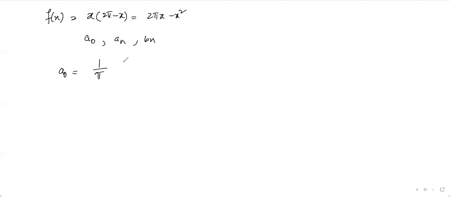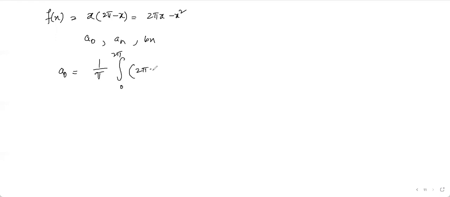Now your f of x is x multiplied 2 pi minus x, which is 2 pi x minus x squared, right? Okay. You got to find a naught, an, and bn. So let us find it. Okay. Now a naught is 1 by pi integral 0 to 2 pi.